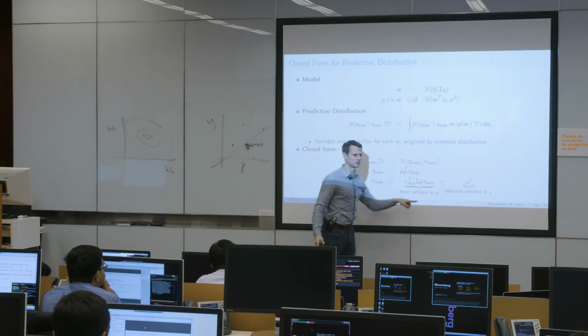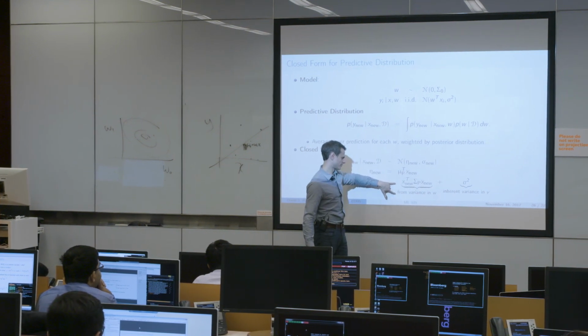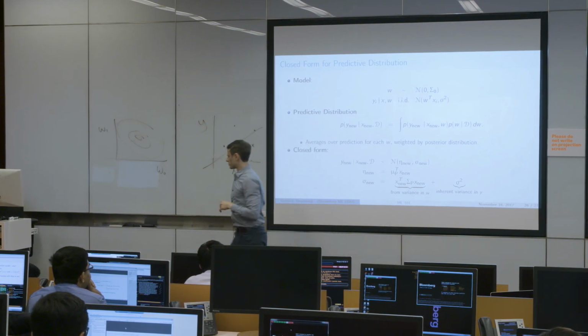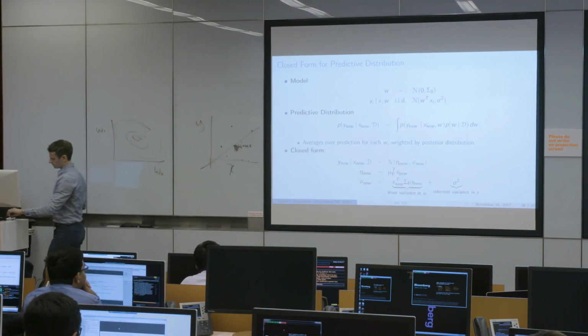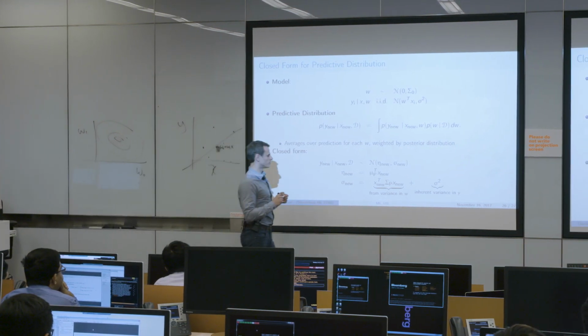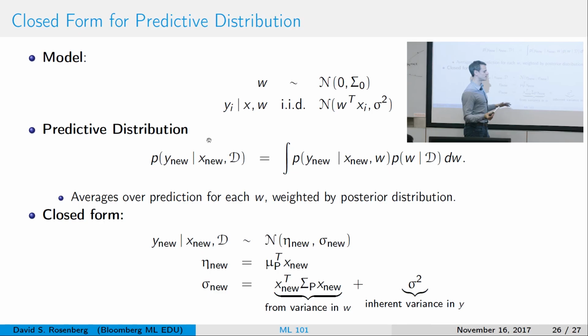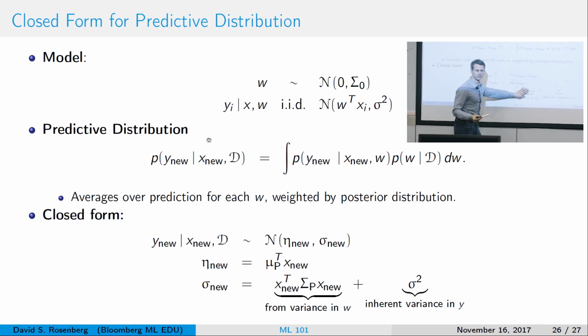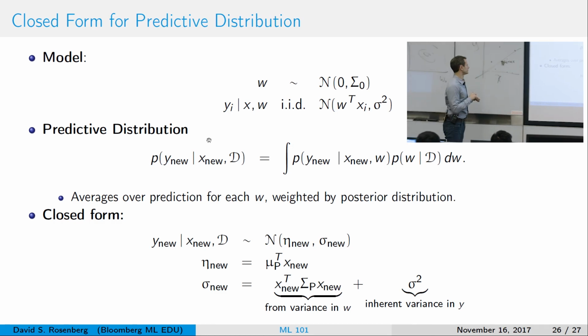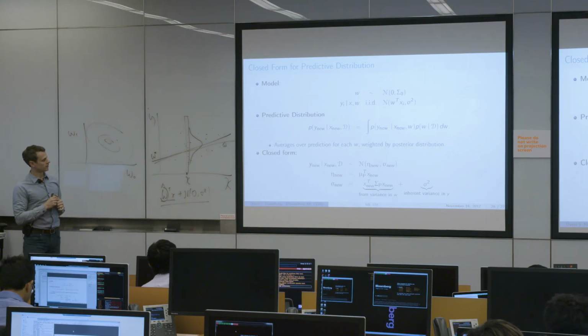There's the inherent variance in y. And then there's this other piece, which is from the variance in w. If we had w exact, this wouldn't be here. But there's uncertainty in w, and that adds to our uncertainty in the prediction.